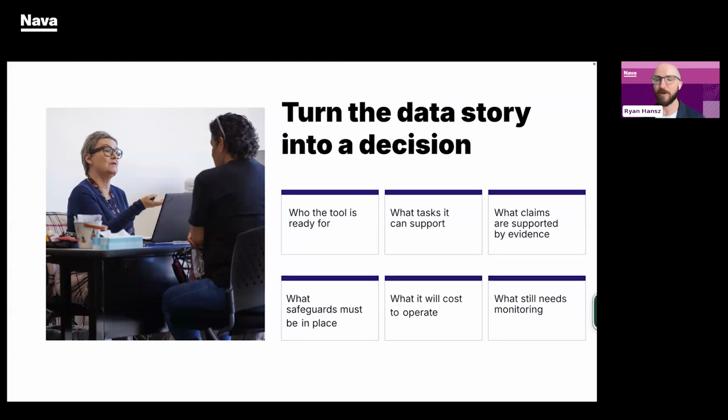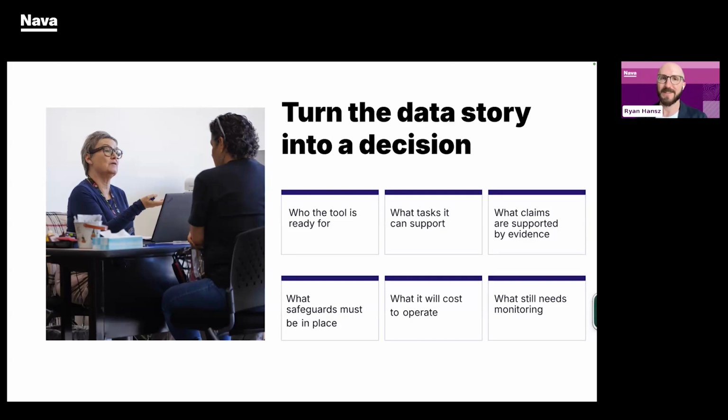It could be who the tool is ready for, who it isn't. Maybe it's ready for managers, but not individual staff, or vice versa. What tasks can it support? Is it ready for a simple one-page application form, but not yet ready for a multiple-page application form? What claims about the tool's performance do we think are supported by the evidence we have so far? What safeguards must be in place to either continue giving people access to the tool or expand access to it?